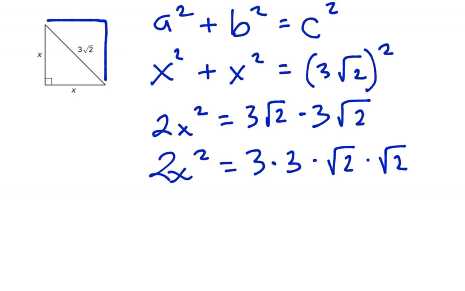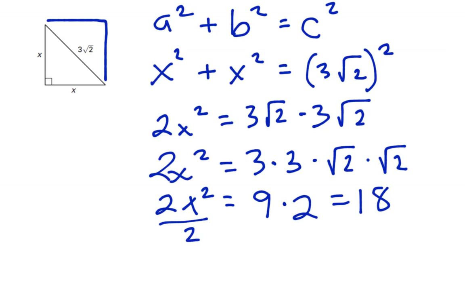When I do the simplification on this, I'm going to get 9 for the 3's, and square root 2 times square root 2 is the same thing as square root 2 squared, which is just 2. So the right side of the equation actually becomes 18. Then when I divide both sides by 2, that reduces. I get x squared equals 9, and so x must be 3.